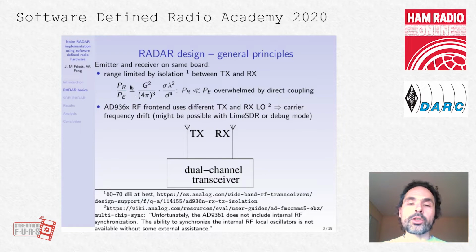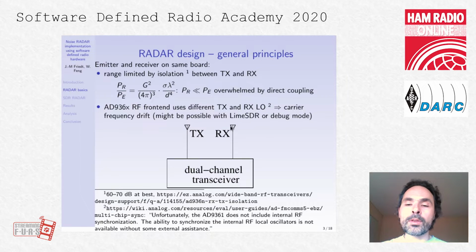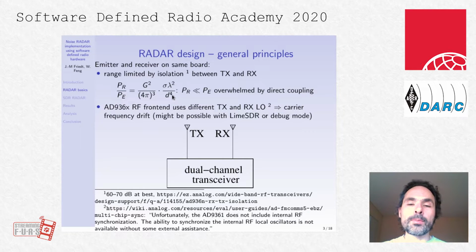Because the ratio of received power to emitted power, if you extend the Friis equation to the radar system, decreases as the fourth power of distance, if you assume that your target is a point-like target. This means that you will only recover a minute amount of power, and if your transmitter to receiver coupled energy is too strong, it will hide whatever information has been returned by the target.